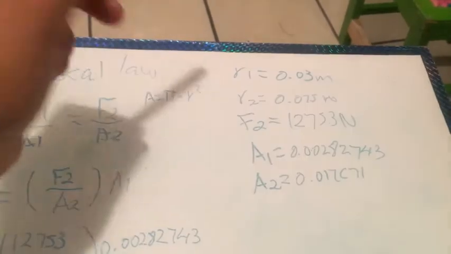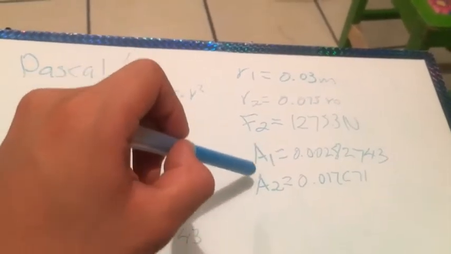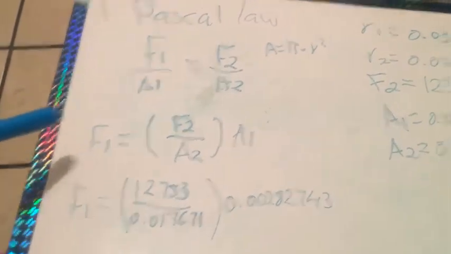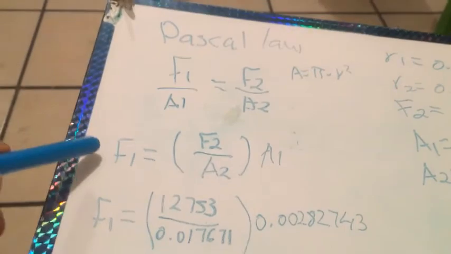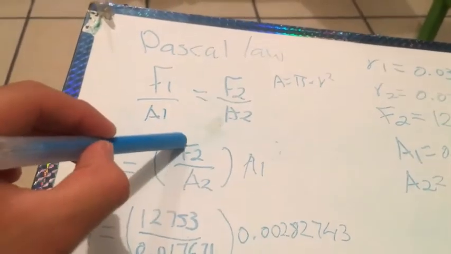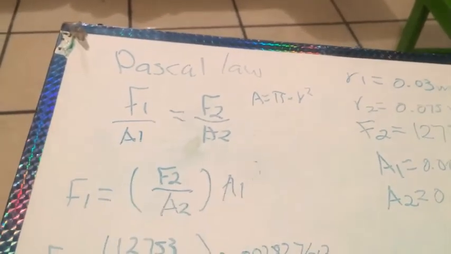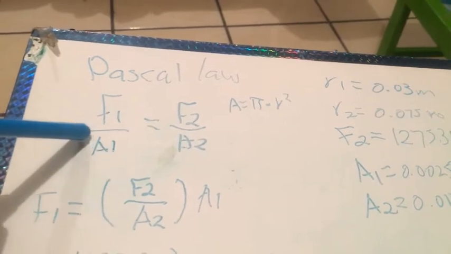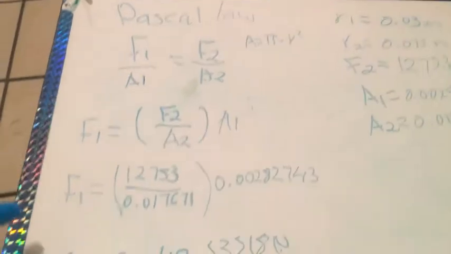For the third exercise, we have to use Pascal's law, because they are giving us radius 1 and radius 2, and thanks to this formula we have area 1 and area 2, and they also already give us force 2. So with Pascal's law we solve for force 1, which is going to be force 2 over area 2 times area 1. Why? Because we solved this by sending area 1, multiplying, to the other side of the equal sign.